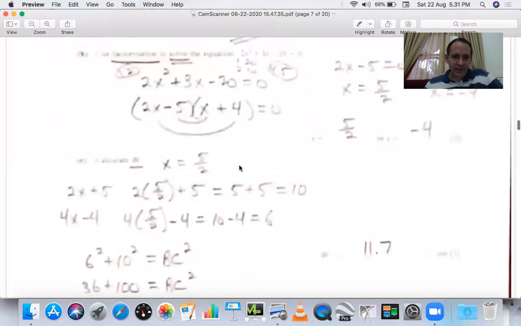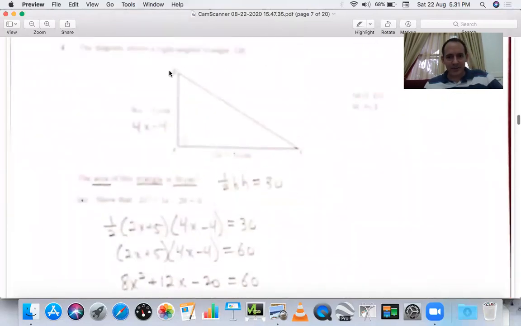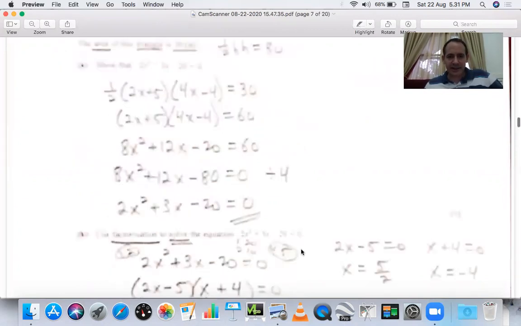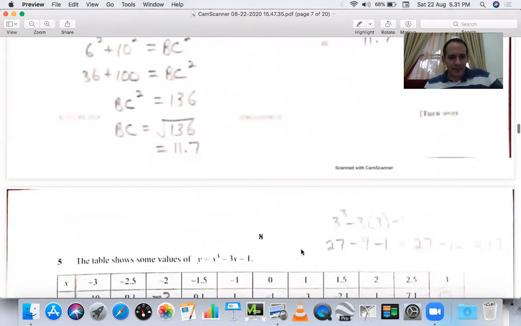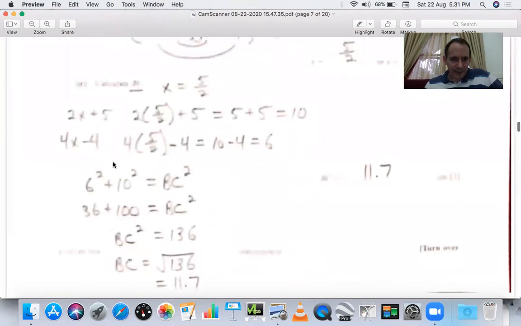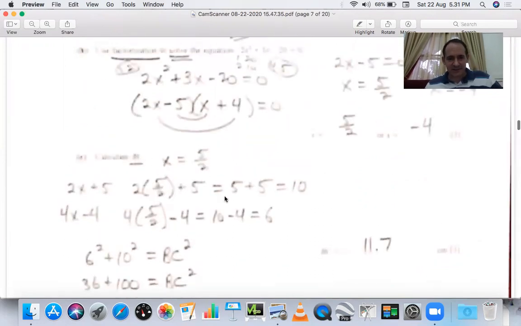Moving on, it wants us to calculate BC. BC is the hypotenuse. Well, this is a right triangle, so you're going to use the Pythagorean theorem. First, let's get rid of the x and get numbers here.